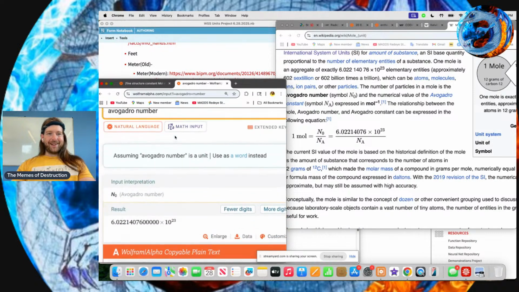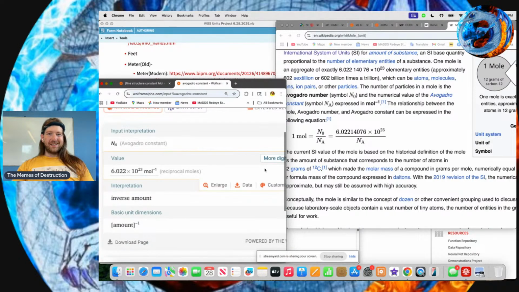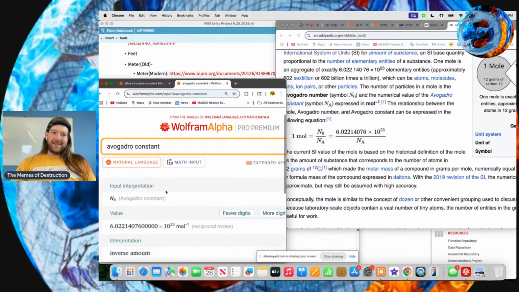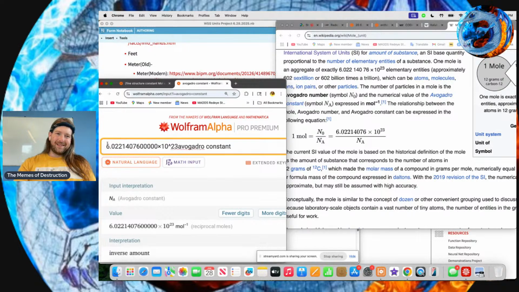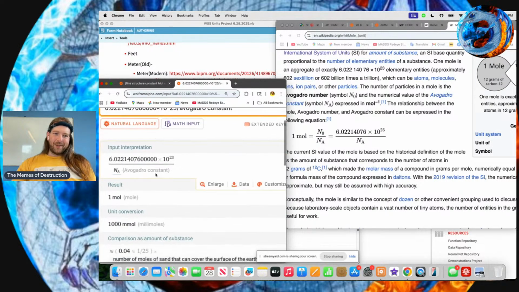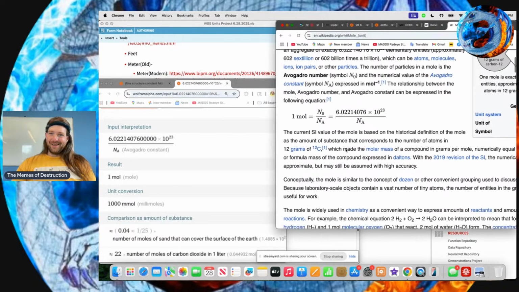All right, 6 times 10 to the 23. Yeah, it's just inverse amount. Yeah, it's just 1 mole. Yeah, that number divided by that, okay. But how do we justify it?